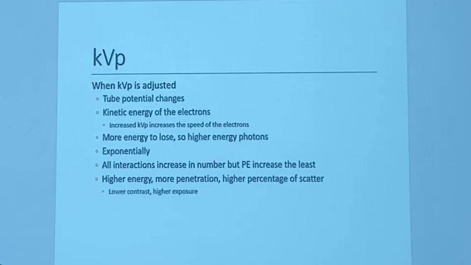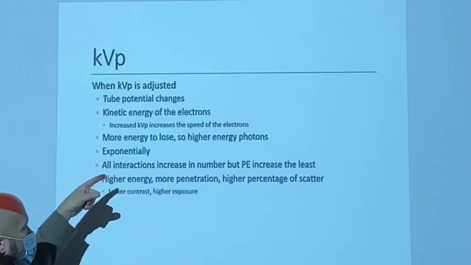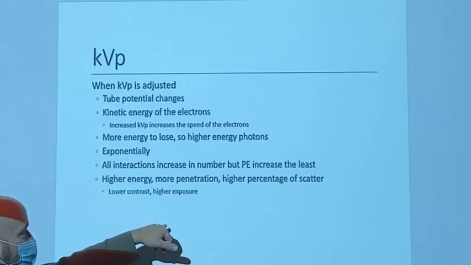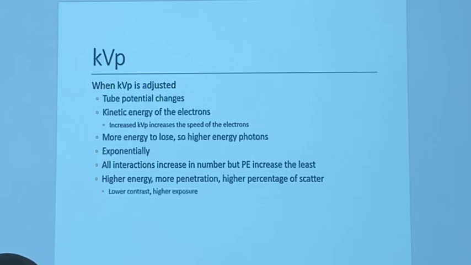Okay. So higher energy, we get more penetration, higher percentage of scatter radiation. And that should, theoretically, since we get a higher percentage of scatter and a higher percentage of penetration, give us lower contrast with higher exposure. Okay, so let's break this down.